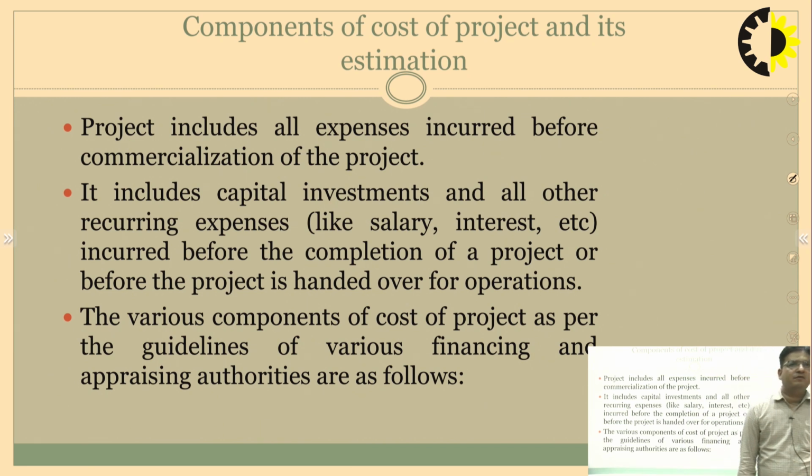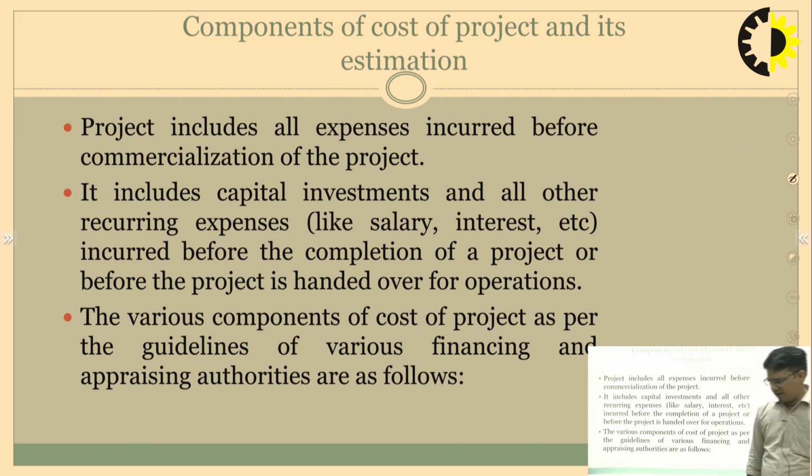Now, components of cost of project and its estimation. How to compute the cost of project and estimate it? Well, the project cost includes all the expenses incurred before the commercialization of the project. It includes the capital investment and all the recurring expenses.